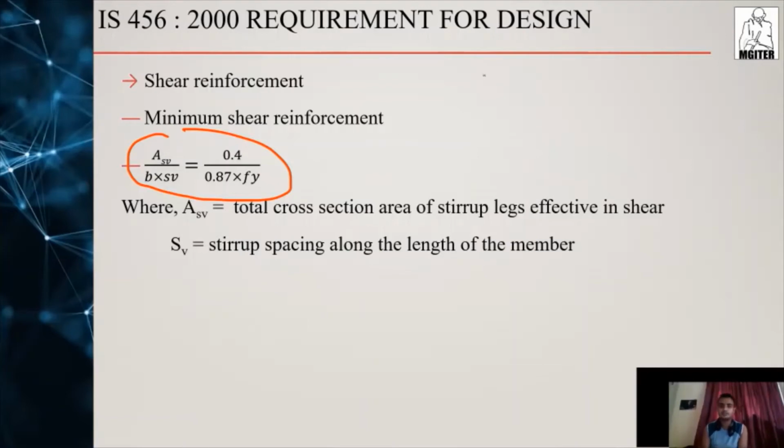In the beam, we have stirrups, which are called shear reinforcement, used to resist shear force, or bent-up bars. Okay, these are the equations. Write it down in your notebook. You can find it from the IS code also.